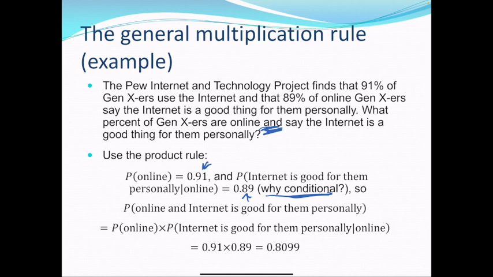And this is conditional because they're already on the internet. So the probability they think that the internet's good for them given they're already online. So online and good for them personally. So the probability online times the probability the internet is good for them personally gives us 0.91 times 0.89. So I get 0.8091, so 0.81.